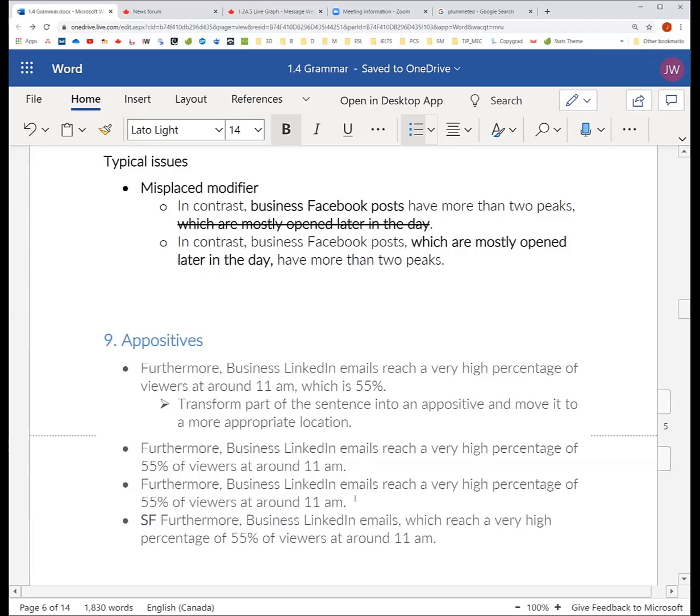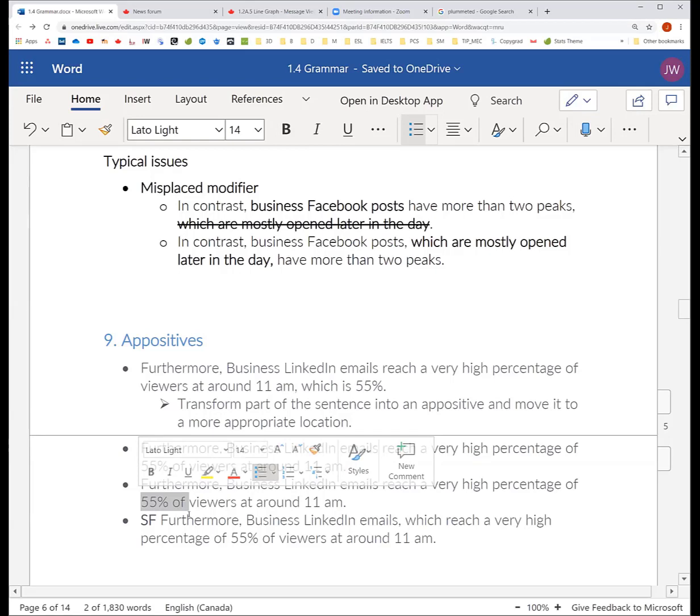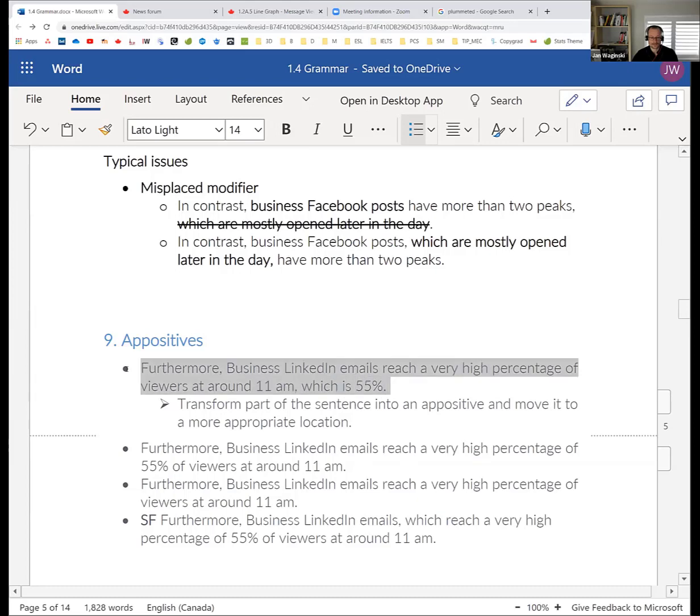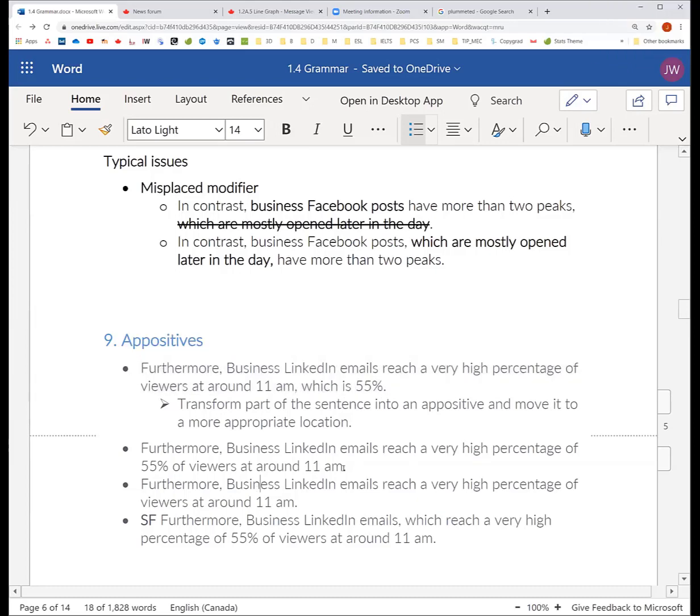Unless she put a comma before "at," in the first sentence, "55% of viewers, comma, at around 11 a.m." Not this sentence, I am looking for the one before. No, the second one, after that. Yes, this one.